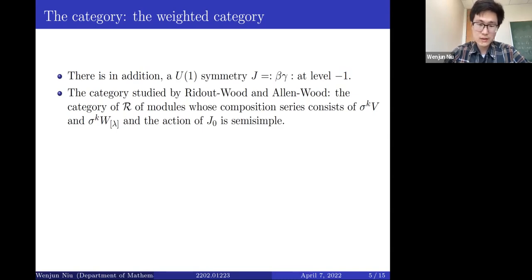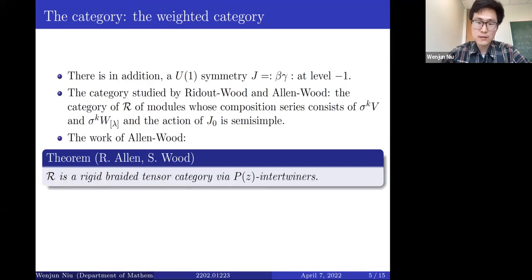This category can be characterized by taking all these simple modules, which are spectral flows of the vacuum or spectral flows of these W lambdas, and taking all the possible modules that have these as composition series and requiring that J0 acts semi-simply. What they were able to show in Alan Wood's paper is that this category actually is a rigid braided tensor category.